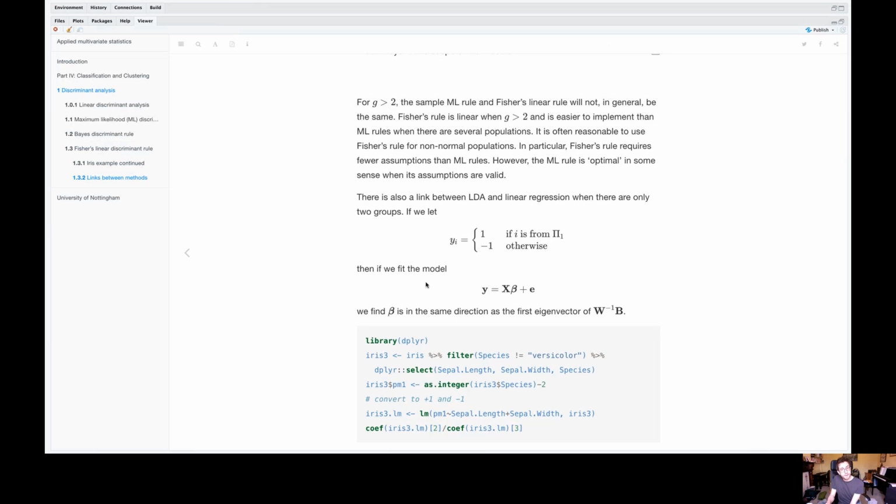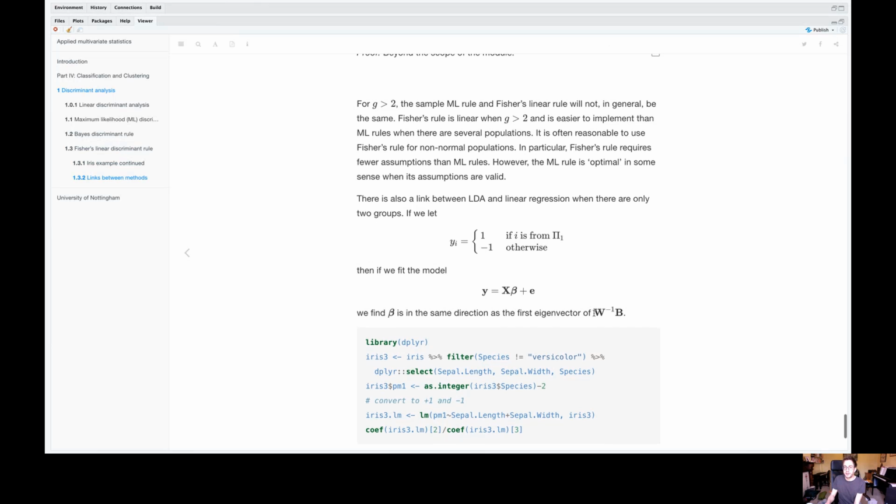We could think about fitting the linear regression model y = x beta + epsilon. And if we do that, it turns out that the beta we find here is essentially the same, up to scaling, as the first eigenvector of W inverse B. So we're getting the same kind of answer out of linear regression as we are from linear discriminant analysis.